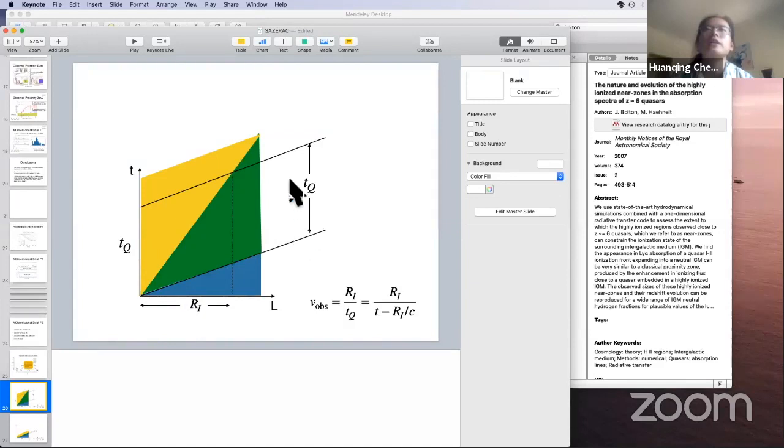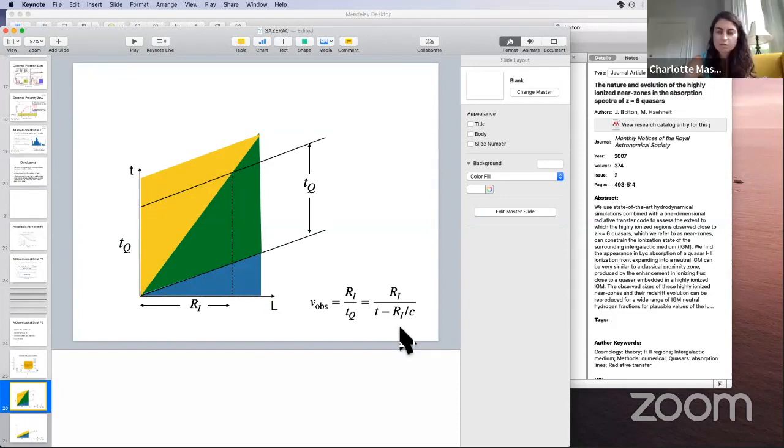Then what we see is the real time minus the retarded time. So in this calculation, this factor is canceled out, and we don't need to worry about the speed of light limitation.